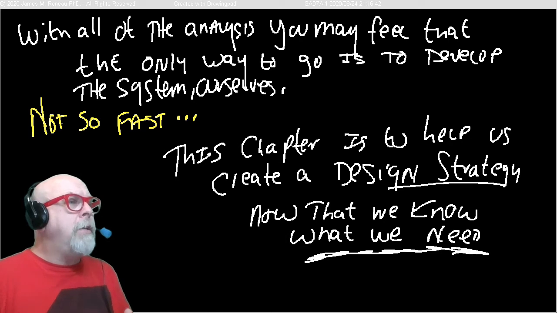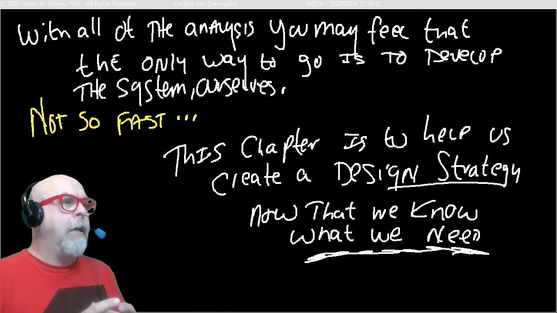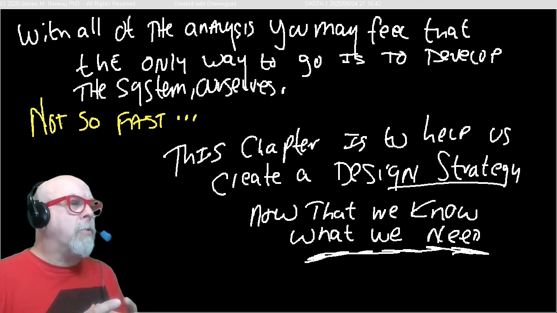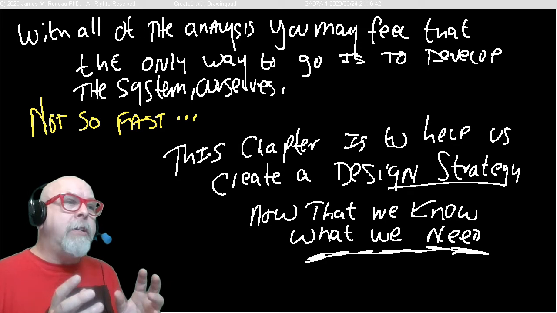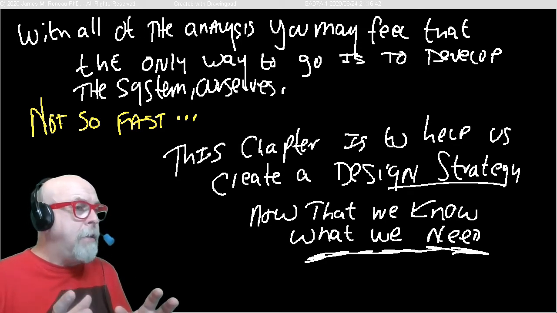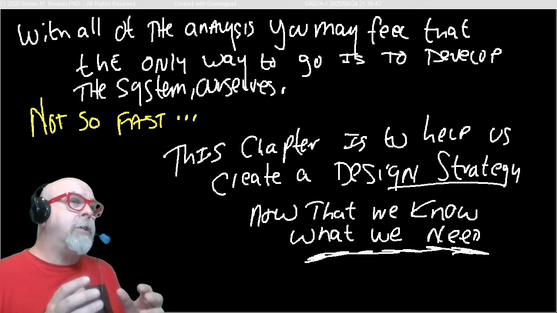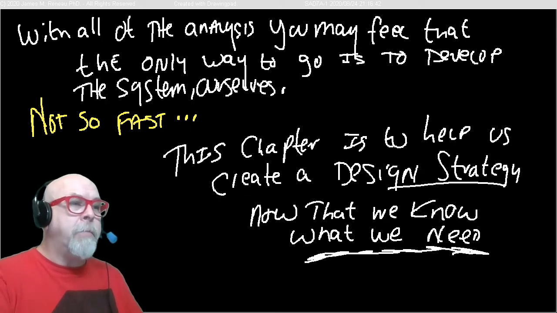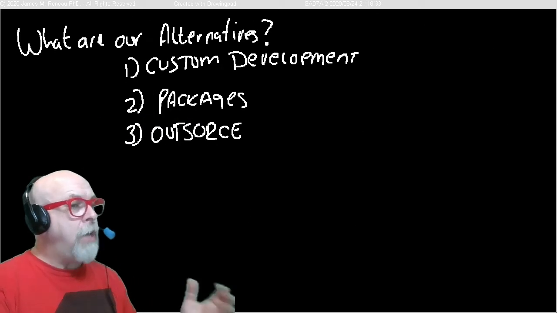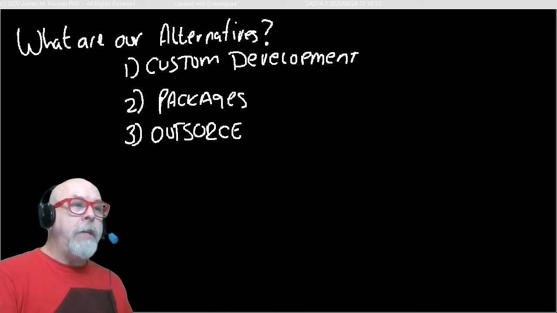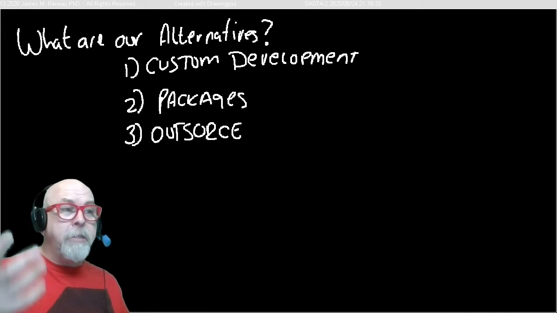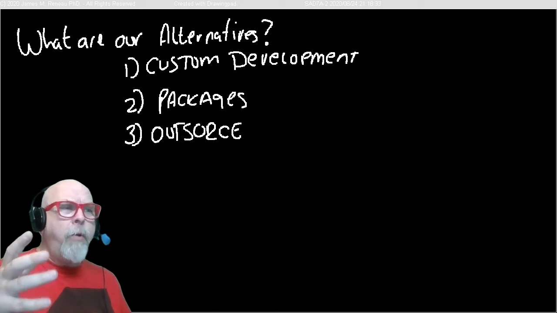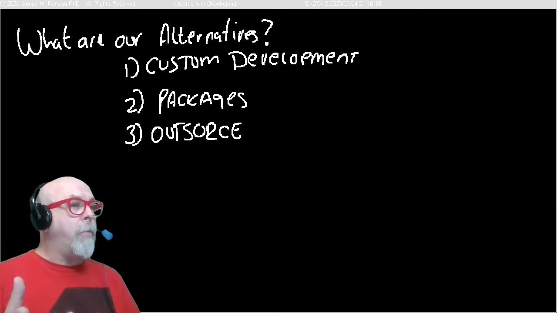And what we're going to do with this topic is try to create a design strategy. Now that we know what we need, how are we going to solve those needs? There are lots of different ways to do it besides just developing a custom system ourselves. So in general, now that we've done our analysis, we've decided the project is meaningful, and we know what we need, we need to figure out what we're going to do.